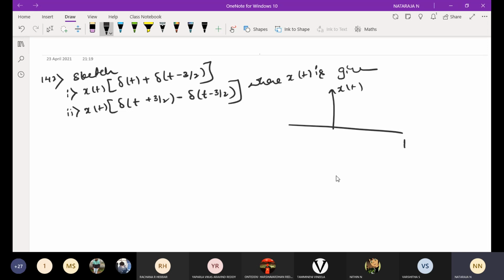This is your x of t, this is t, this is -1, 0, 1, 2, 3/2. You will get some more here, from -1 to 0. This is amplitude 1, and this amplitude 2 is from 1 to 2.